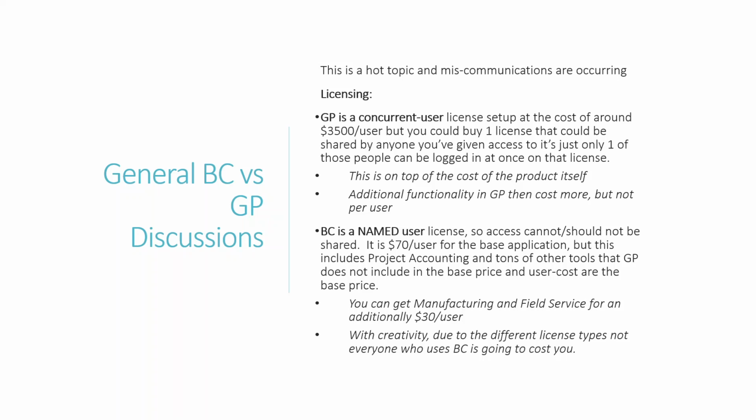And so you would also be able to do a discovery and decide which of your other applications that you've had to bring in to compensate for GP's maybe lack of that particular functionality, you can get rid of. So there's a ton going on here. It's not as simple as this versus that.